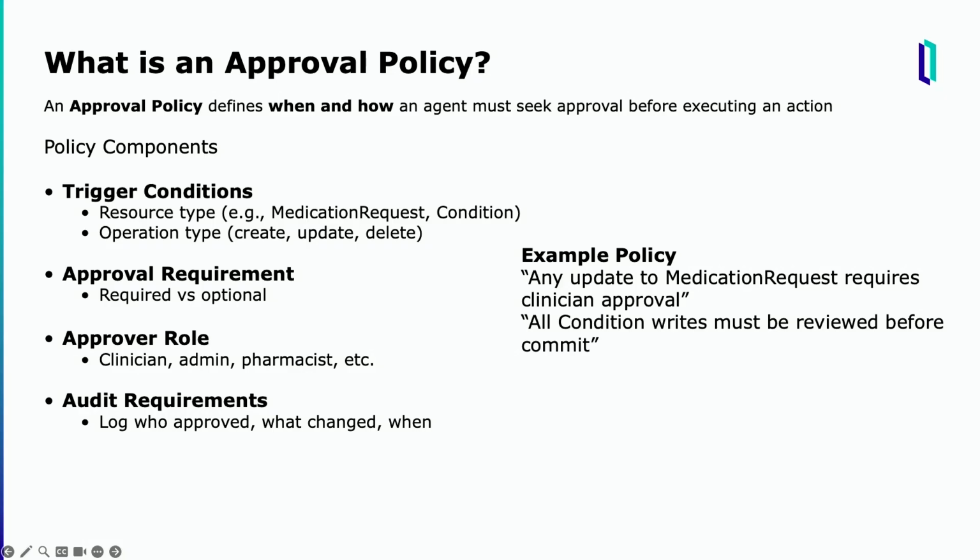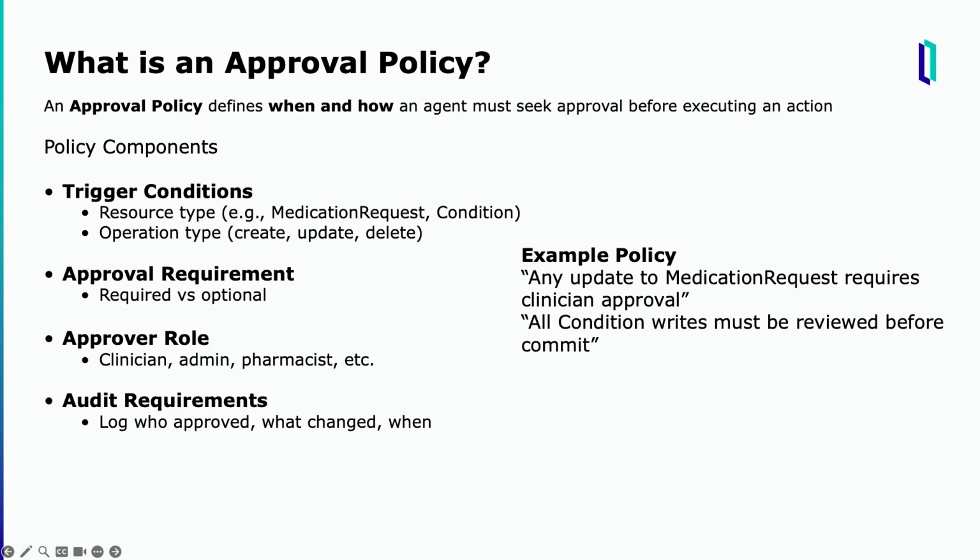So an approval policy defines when approval is required, who can give it, and what must be logged. And that includes trigger conditions, the affected resource types, the operation type, the required approval role, and the audit record.